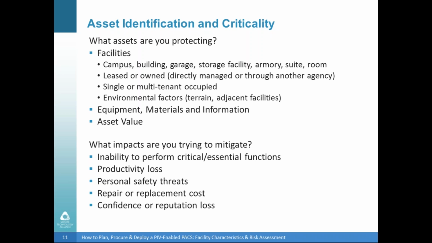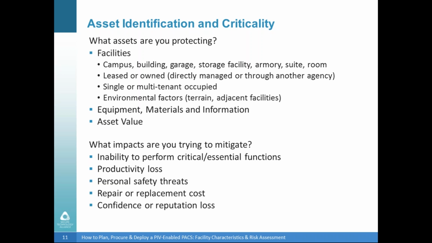Assets might also be defined as equipment, materials, or information, serving some value or investment to perform an agency's mission. When determining the asset value, we must look at total replacement cost and what impact it may have on the mission in the event of a catastrophe. Is that asset solely owned, or is it a shared resource?